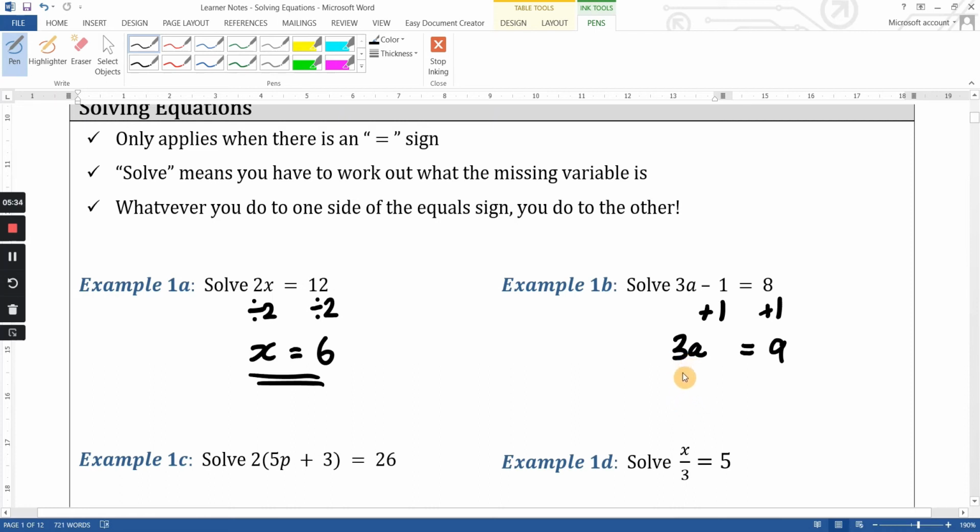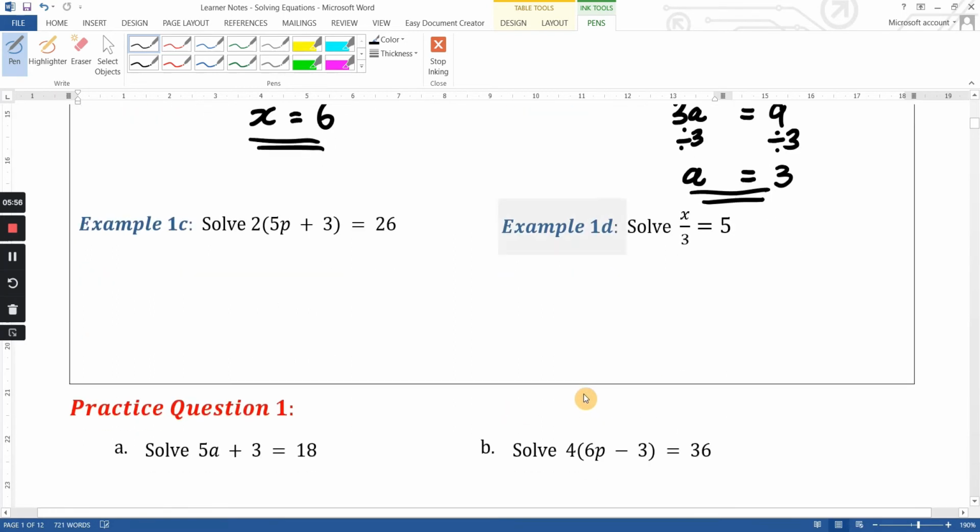So you have to divide by 3. Remember, doing the opposite of what you've got, because in essence, what you've got here is actually 3 times a. So the opposite of multiply by 3 is divide by 3. You're left with 1a equal to 3. There's your answer. Let's do the next one.